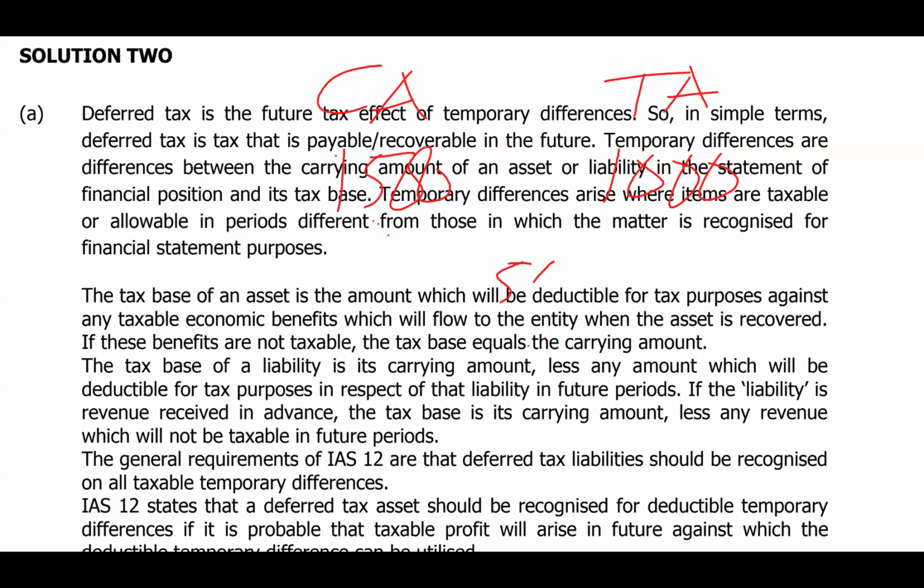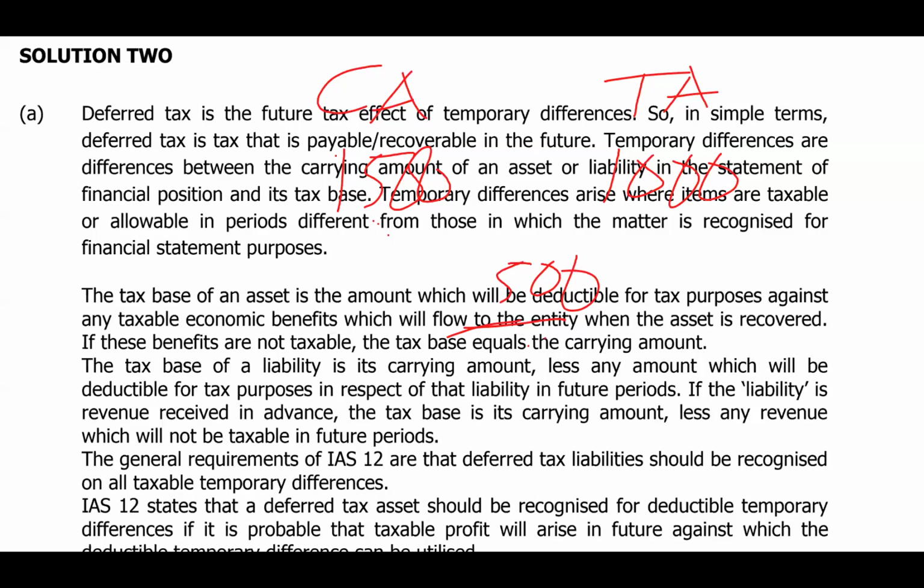It may be positive or negative, depending on which is higher between the carrying amount and the tax base. The tax base is the value assigned by the tax authority. So in this case, our carrying amount is 1,500 and the tax base is just 1,000, so the difference is 500. That 500 is the temporary difference.